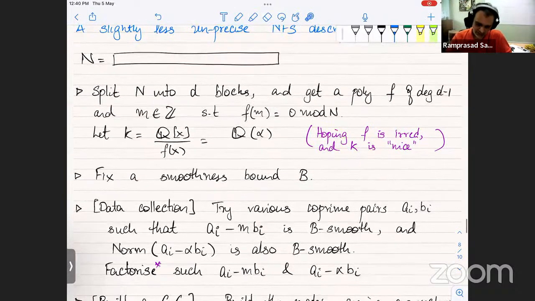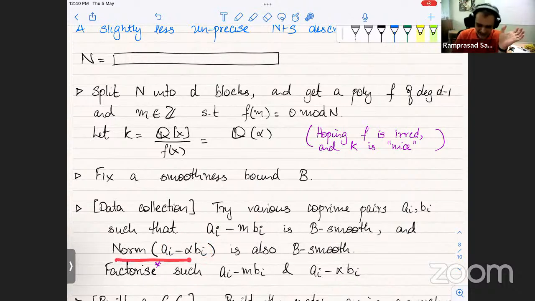Now we're going to find all sorts of pairs a_i, b_i such that a_i and b_i are coprime, just for one minor technicality, and such that a_i minus m times b_i happens to be B-smooth. Previously I said I want this number field element to be B-smooth.